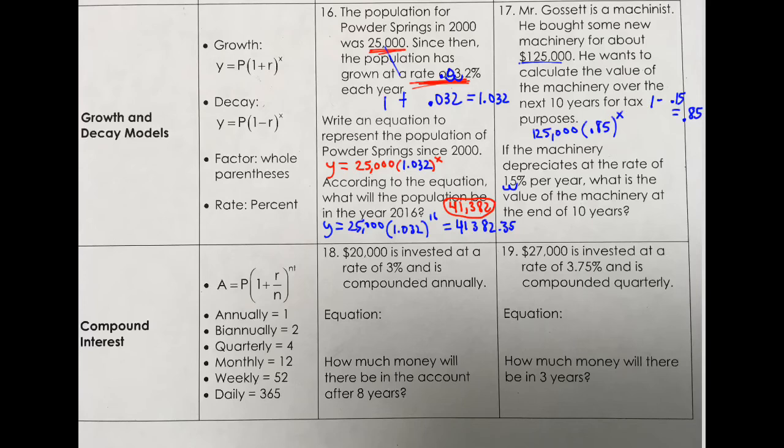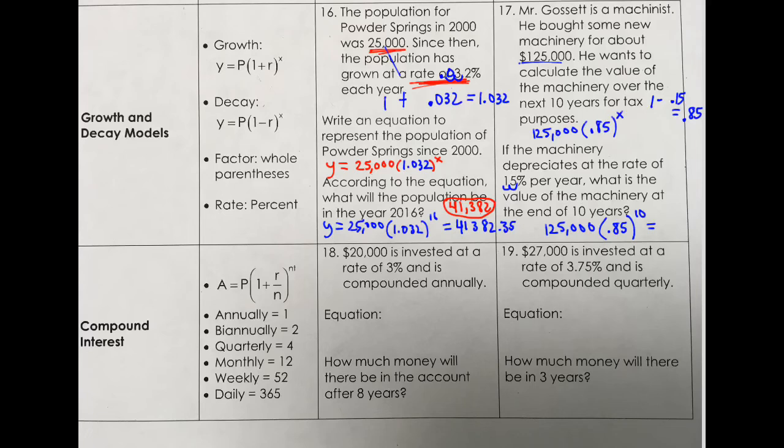Now they're saying, what's the value after 10 years? In order to figure that out, we got to plug in 10 for x. So we take our equation, 0.85, since it's a decay, which means if we started with 125,000 and we're talking about it going down, if you do the math and it does not go down, ladies and gentlemen, that's the problem, because we're talking about decay.